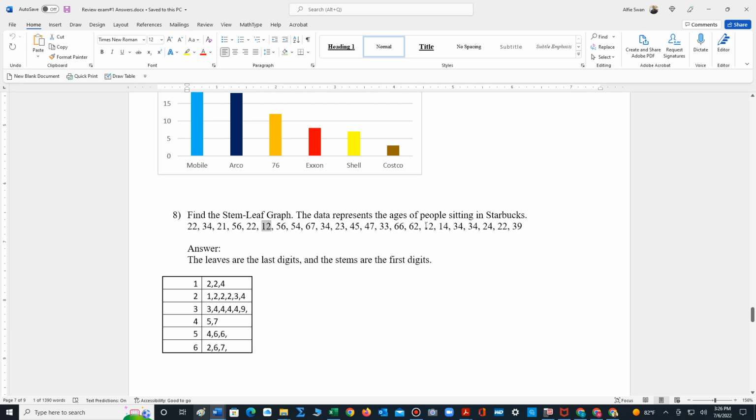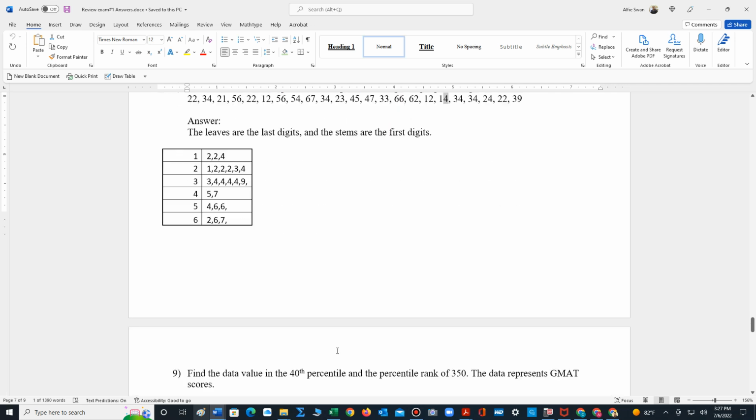There's another 12, that's written as 1 with another 2. And then 14, we just add a 4 at the end. So our first set of numbers with stem 1 would be a 1 followed by 2, 2, and 4. And then repeat that pattern for the other stems.